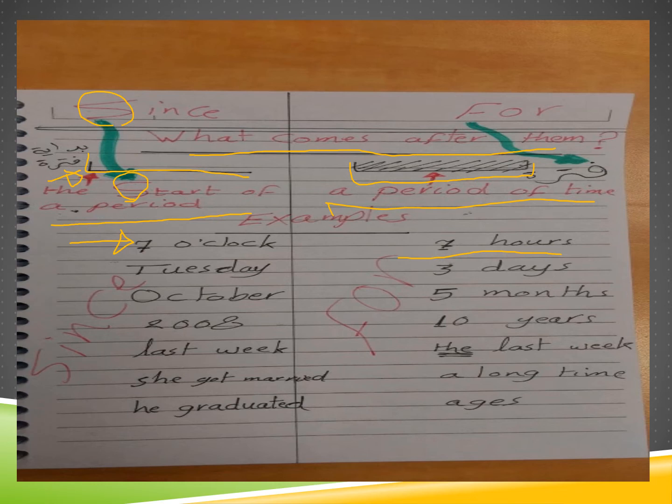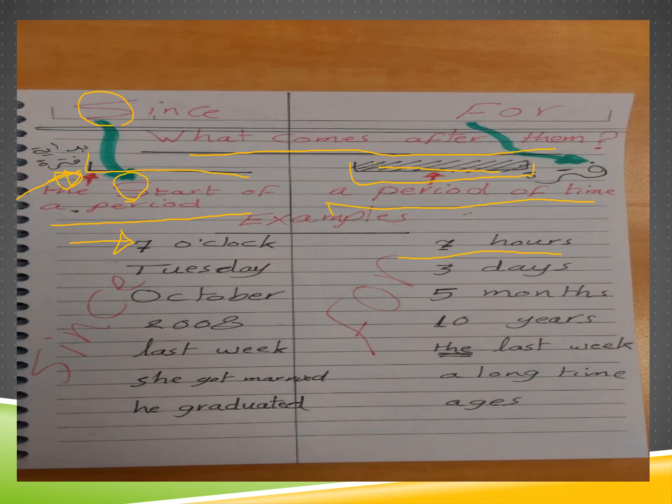Since Tuesday, I haven't eaten fish since Tuesday. For example, today is Friday, so I haven't eaten fish for 3 days. So if I mention 3 days, then I mention the whole period. But if I mention Tuesday, which is the start of the period, okay, I haven't eaten fish since Tuesday. I haven't eaten fish for 3 days.